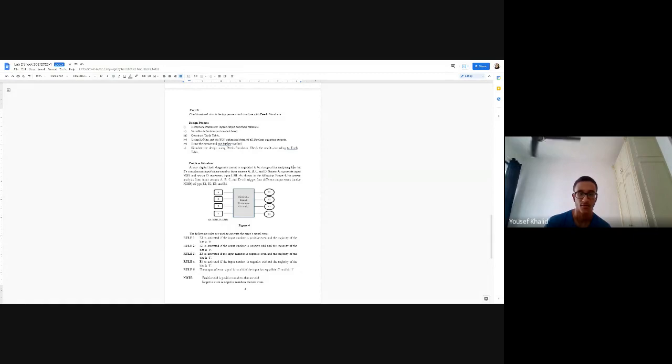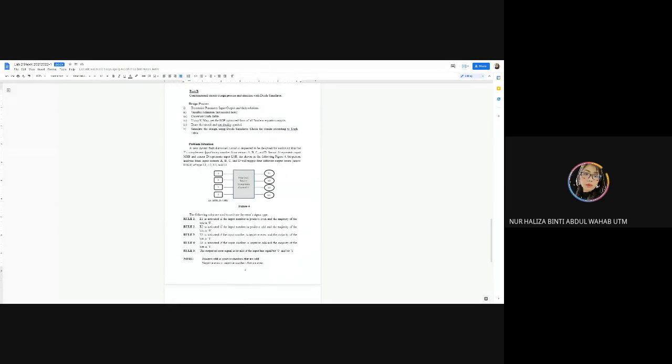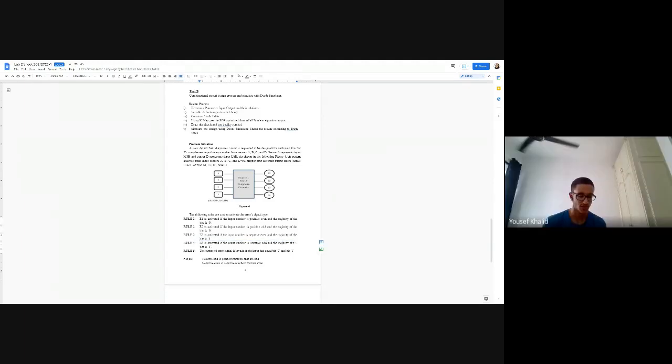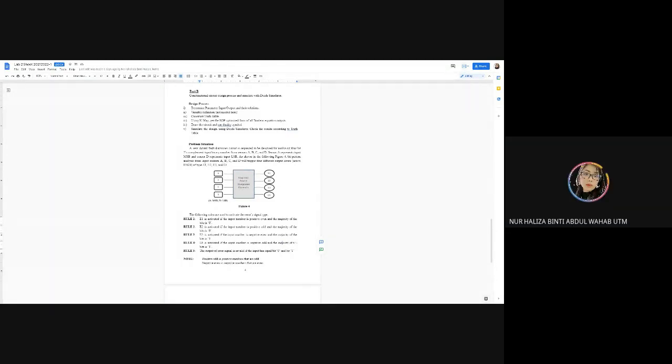Read the rules, rule 1, rule 2. E4 is activated if the input number is negative odd and the majority of the bits. So do we use the table where 0001 means positive 1 and 1001 means negative 1? Yes, supposedly, because it is 4-bit.